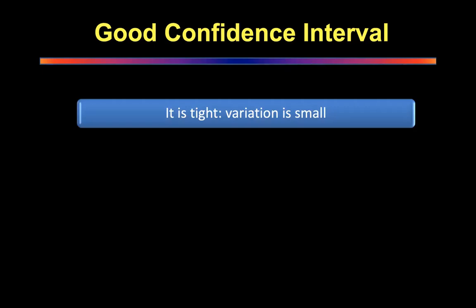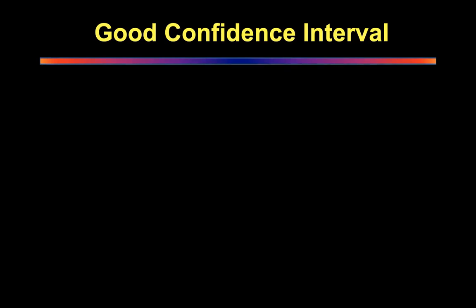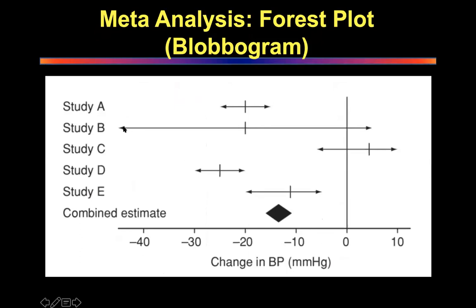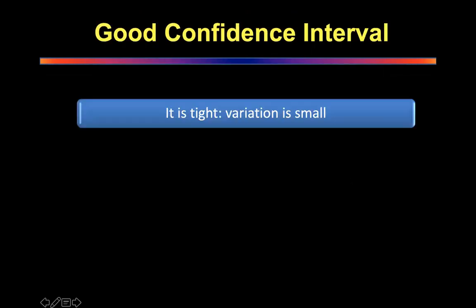If a confidence interval is tight, and the variation is small, then it is a good confidence interval. So in the first study that I showed you, study B is a terrible study because what is this, -40 to +10? It is rubbish. You agree or no? Yes, sir. So a good confidence interval is when the variation is small and tight.